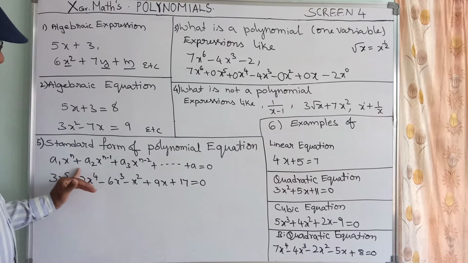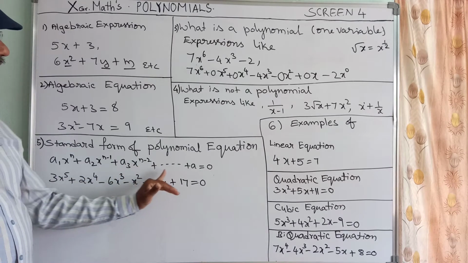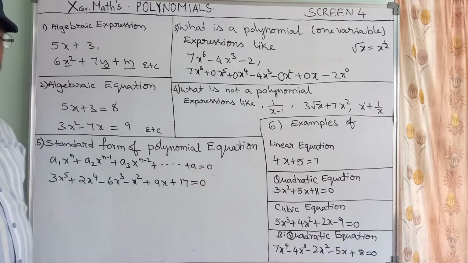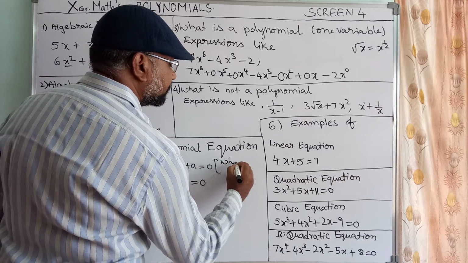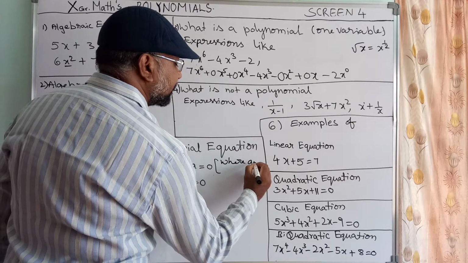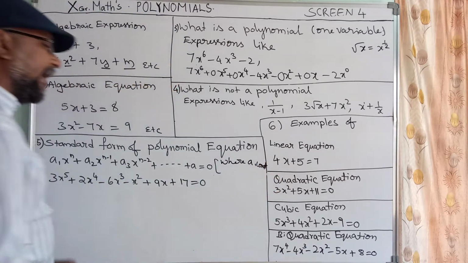A1 x power n plus A2 x power n minus 1 plus A3 x power n minus 2 and so on, is equal to 0, where A is a number or a constant and x is a variable.